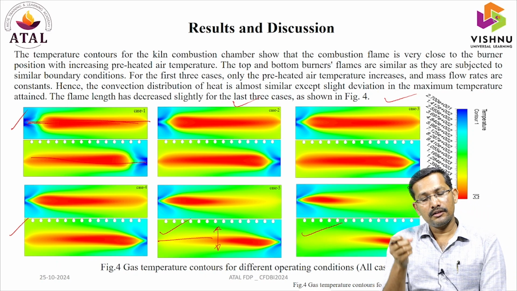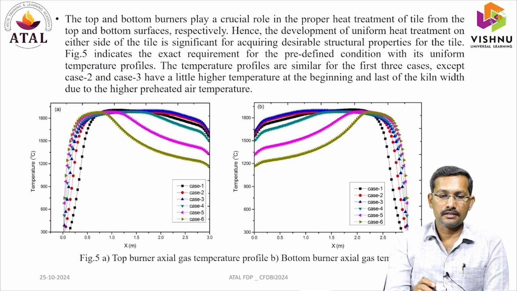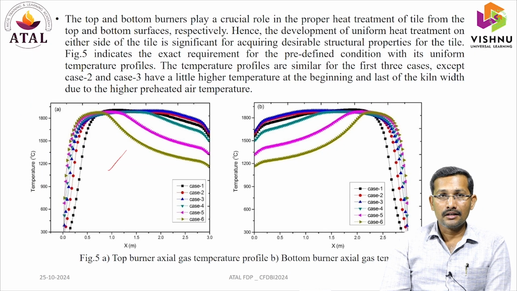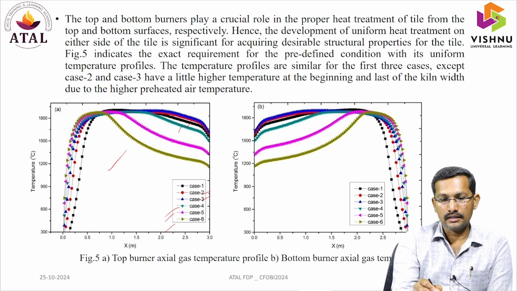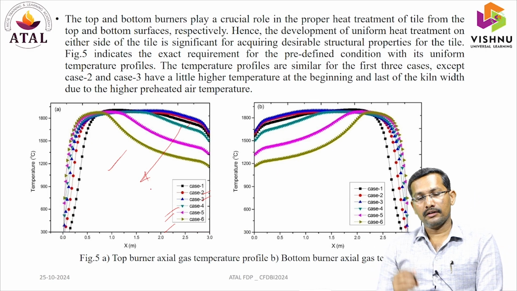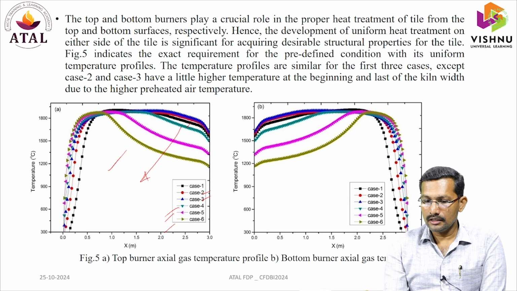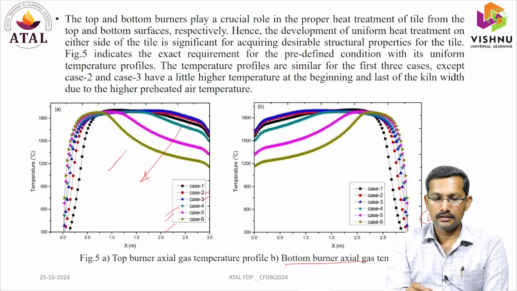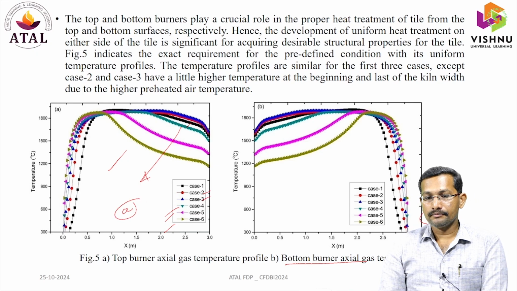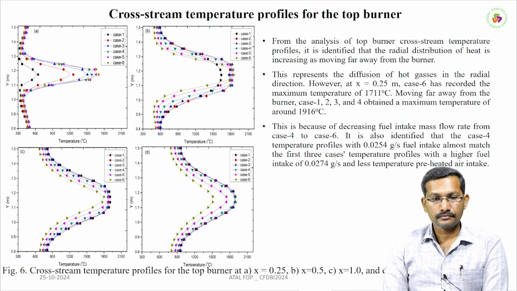Then I will take those values and draw the graph for 6 cases. For the initial case 1 these are the results, case 2 is here, case 3 also here, then case 4, case 5, case 6. It is decreasing in this manner as you move further. Here also the same story for the bottom burner. This is the bottom burner B, and this is the top burner A. Now these are the different cases.